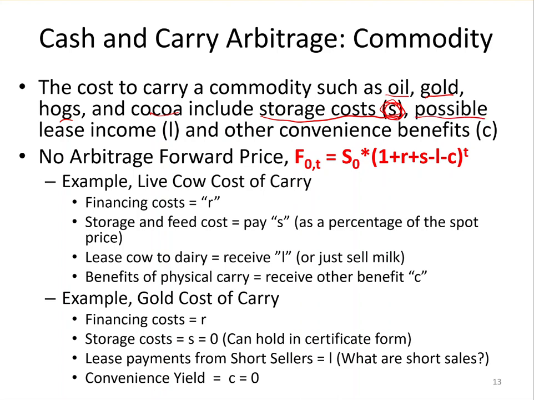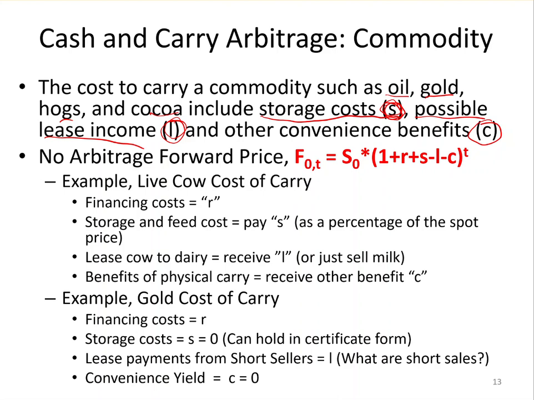However, with commodities, you have a possible lease income. All right, so we'll talk about lease income in a second. Sometimes if you buy an asset today, you could lease it out to somebody. So that's going to be kind of like a dividend. And also there are some other tangible benefits for having possession of an asset.